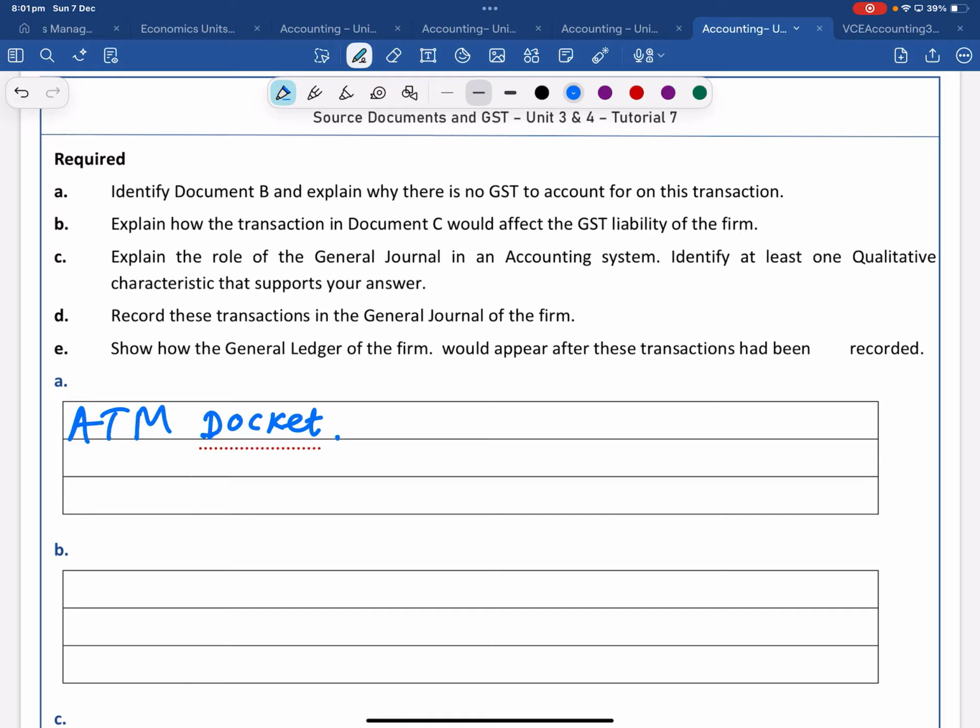So why don't we have GST? Because this is an internal transaction between the owner and the business.